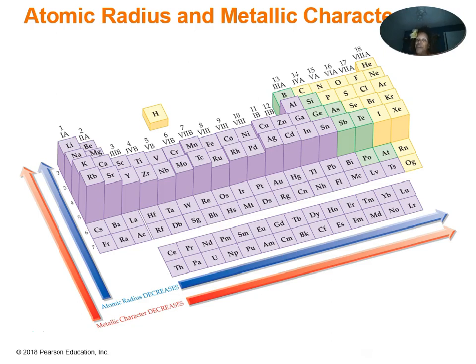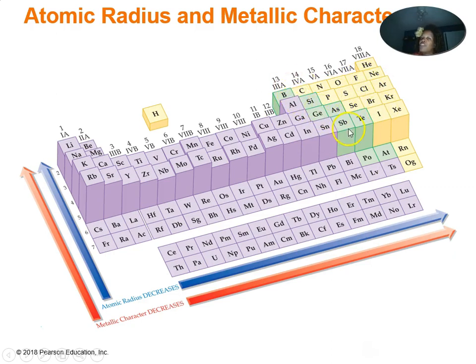If I were you, I would jot that down. I would draw the picture out on a periodic table. Those of you that are in my seated class, you will find this periodic table in class that you can draw on. So notice again that the atomic radius decreases from left to right, as well as the metallic characteristic traits. So notice here in yellow, this is where you find your non-metals.